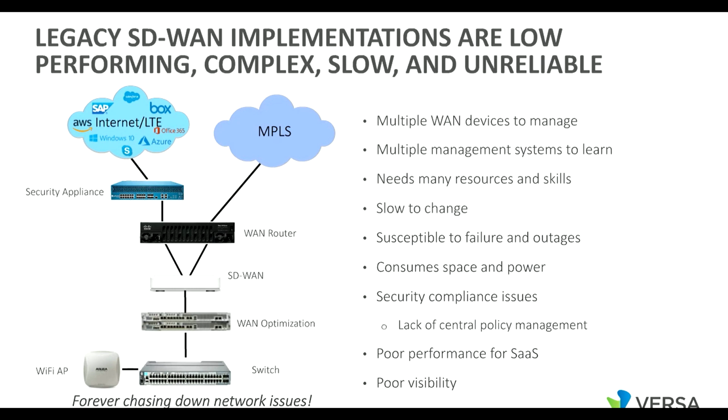It's very hard to make this architecture highly security compliant. It consumes more space and power. It results in poor performance, much of which I'll get to in the next slide, Mike, and results in slow change and multiple management systems to learn. Any other input, Mike, you would like to give to this slide?